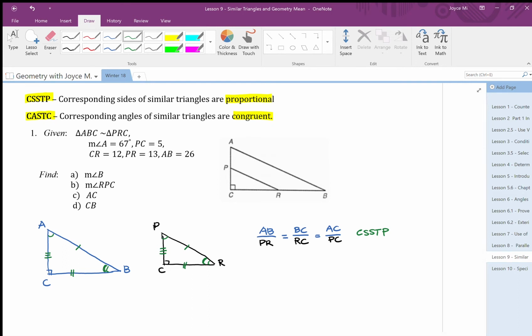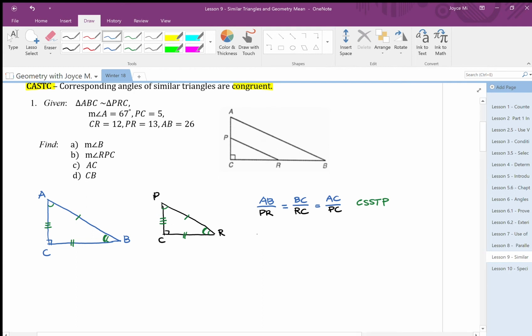And when I say corresponding angles of similar triangles are congruent, using CASTC, I could say: angle A is congruent to angle P, angle B is congruent to angle R, and angle C is congruent to angle C. I'm writing the first triangle's angles in order, ABC, and listing what each corresponds to.